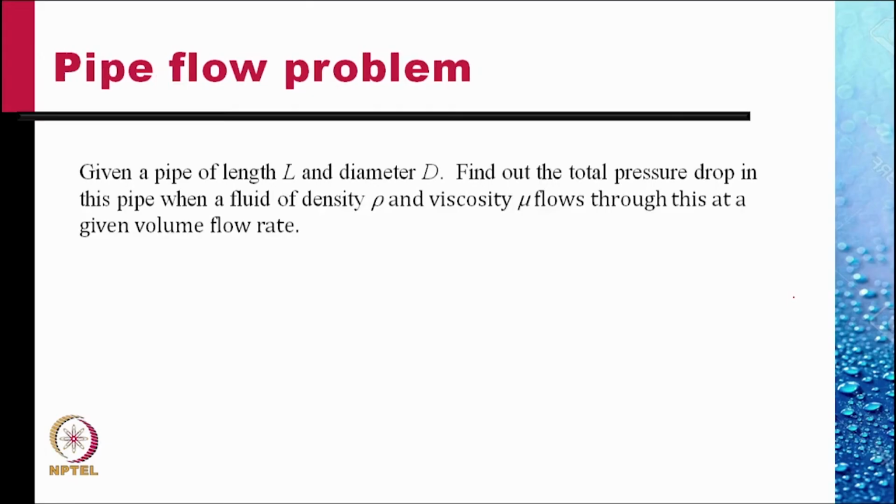So, what is our problem now? Given a pipe of length L and diameter D, find out the total pressure drop in the pipe when the fluid of density rho and viscosity mu flows through this at a given volume flow rate.